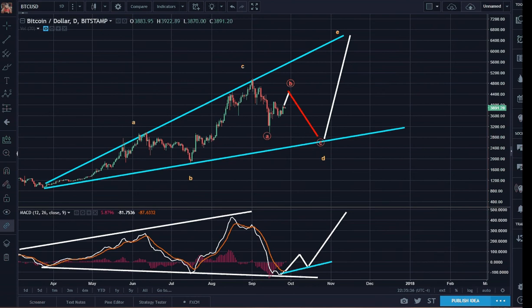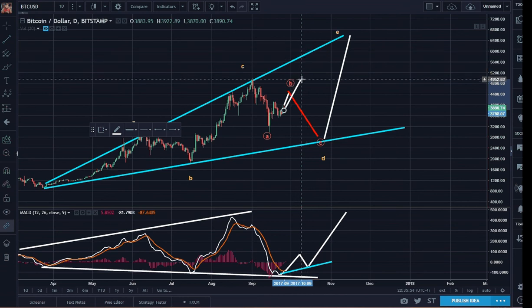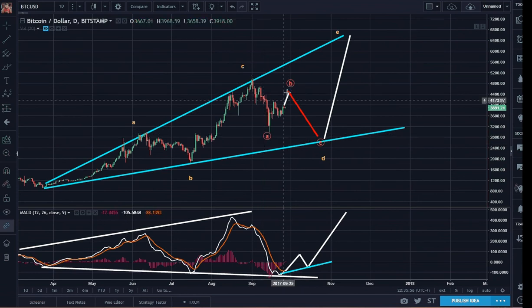and I wanted to put it on the table, because if this broadening pattern is in play, could prices go immediately up from here? Yes. But given this broadening pattern, I think this could be more probable, especially when we see how the C of the B wave turns out.